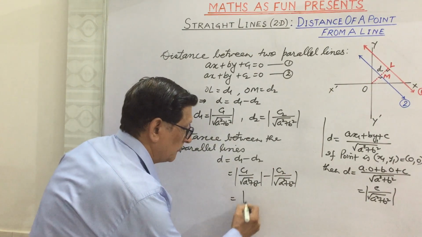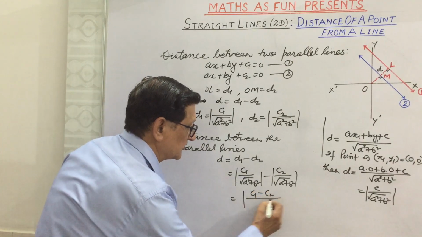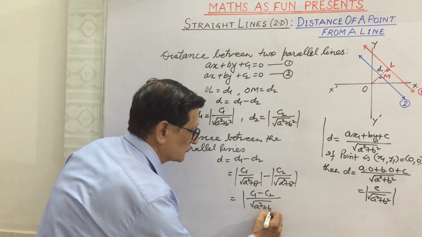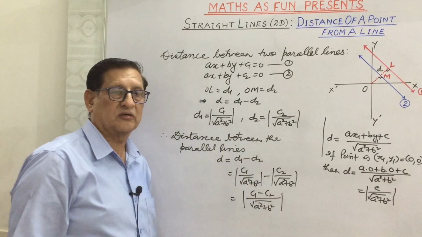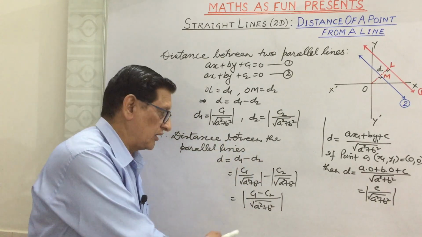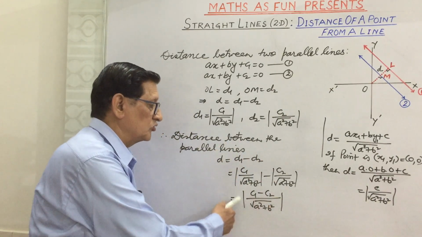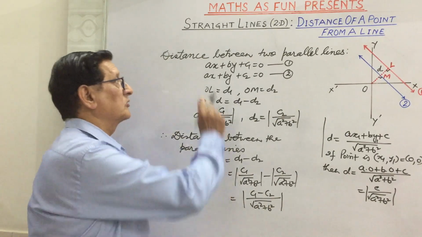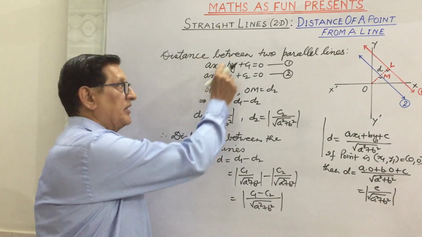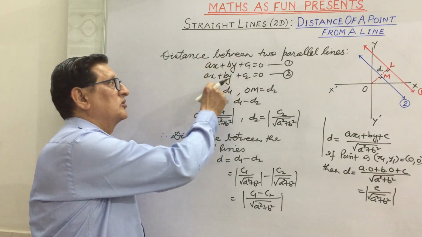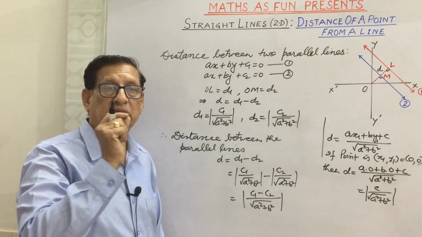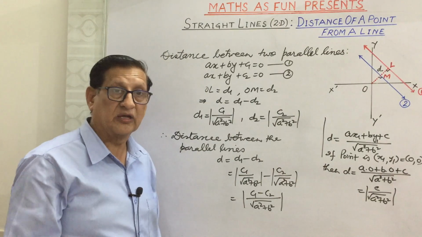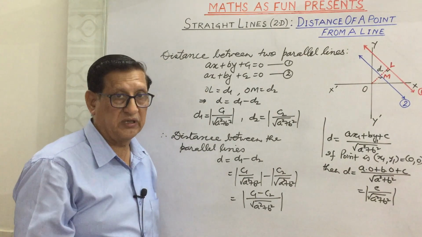We get here modulus of C1 minus C2 upon root of A square plus B square. So this becomes the formula to find the distance between two parallel lines. But please remember, we have to see that the coefficients of x and coefficients of y in both the equations are equal. If they are not equal, we have to make them equal.